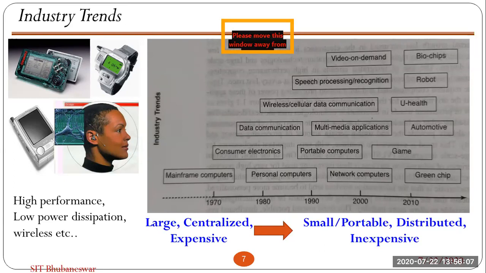And it's distributed, meaning a lot of small devices you can take anywhere, and inexpensive also. So at a lower price you can get highly preferable products. Okay, so this is all about the industry trends. People are demanding, industry is making, and the technology is supporting. So it's running fine.